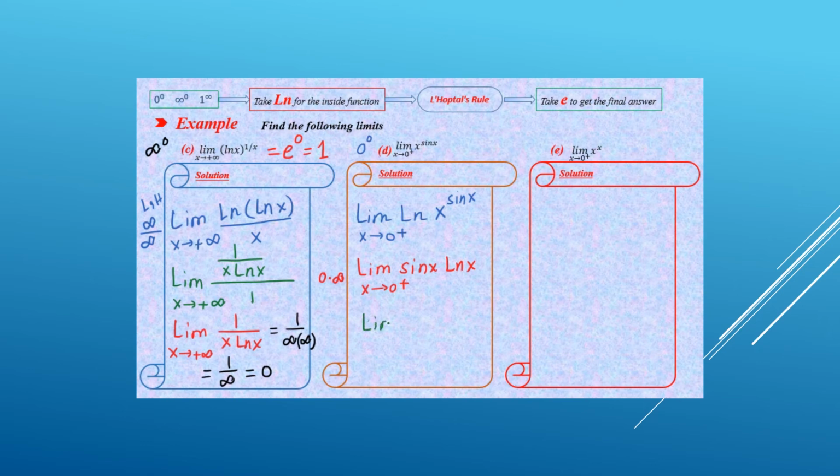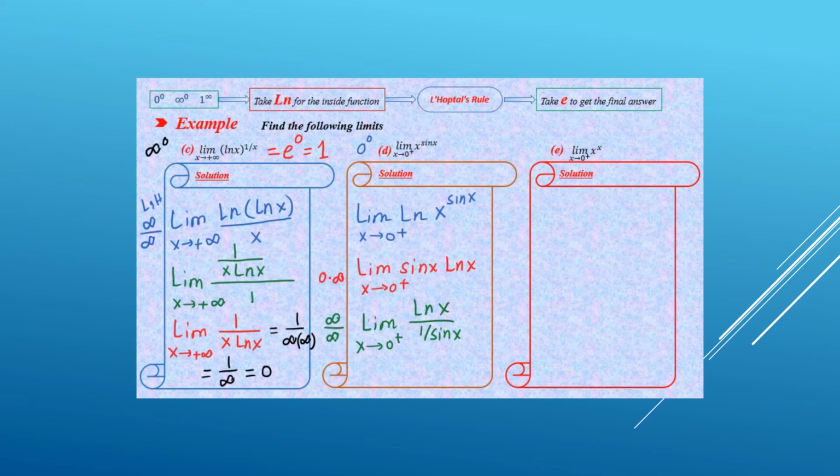We can solve it by writing the limit as ln x over 1 over sine x when x goes to 0 from the right. Also, by direct substitution, ln of 0 from the right equals negative infinity over 1 over sine 0, which is 1 over 0, giving us infinity.